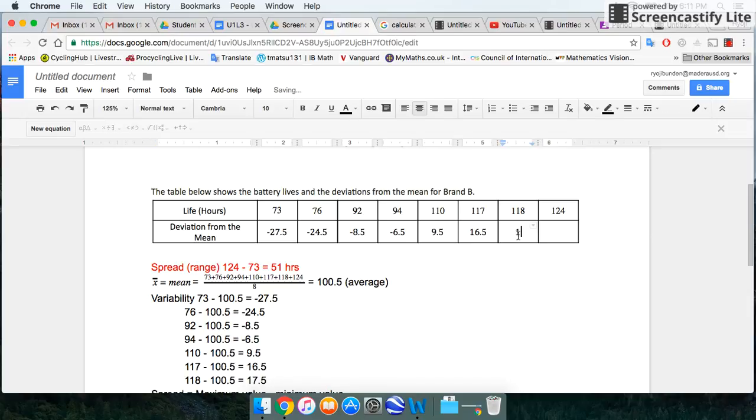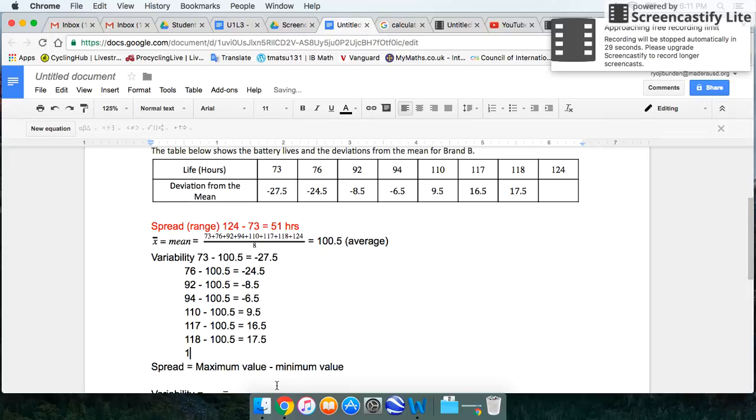So this one lasted 17.5 hours greater than the average. Then the last one is 124 minus 100.5. This is 23.5. So this one lasted 23.5 hours more than the mean.